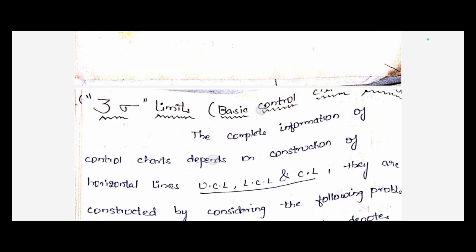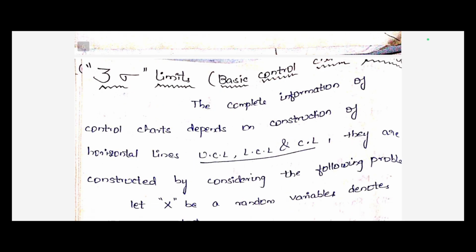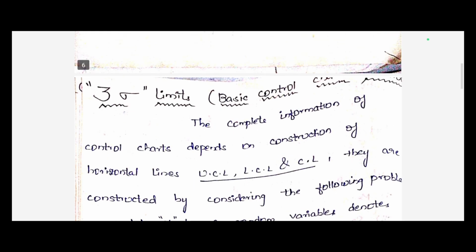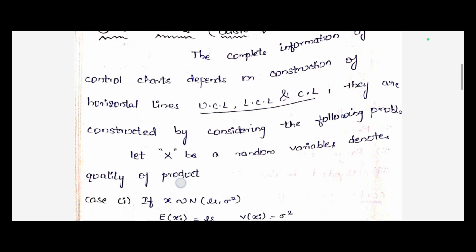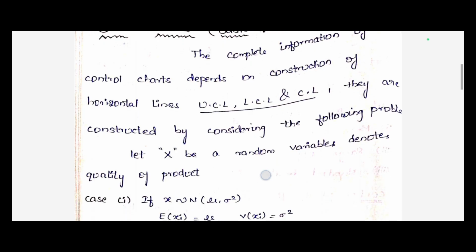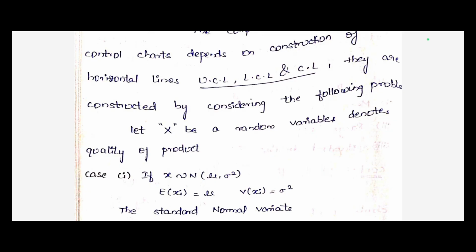Next, the 3 sigma limits, the basic control limits or basic control charts. The complete information of control charts depends on the construction of horizontal lines like UCL, LCL and CL. They are constructed by considering the following.